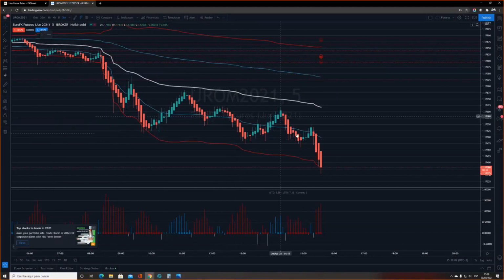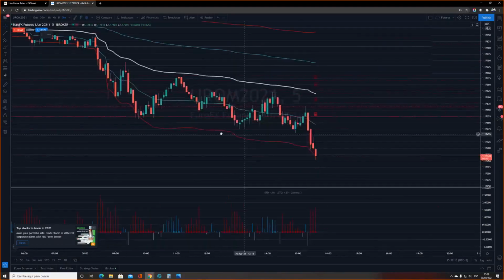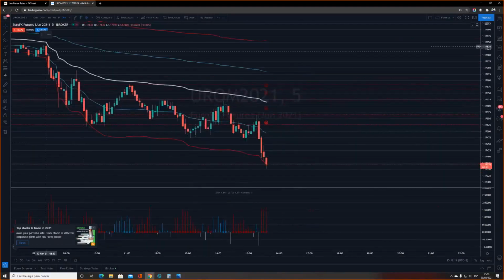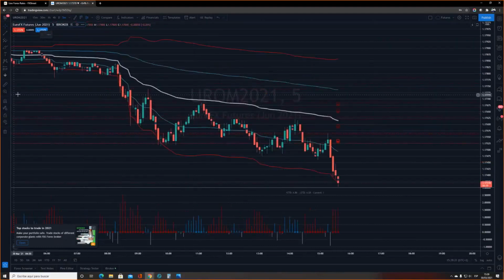As we can see here, let me change the candles because there are Heikin Ashi candles and normal candles. We can see how the euro is actually going in a downtrend. We can see this is the volume average, this white line, and I can see the price is below the volume average. So we can say that the delta has been negative through the session.